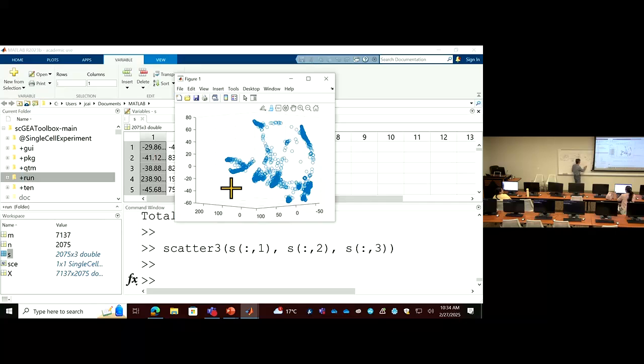Just give it 7. So we are going to do k-means to get 7 output groups. And in the index, you will have a number from 1 up to 7, because you ask for 7 groups. So that's the function.